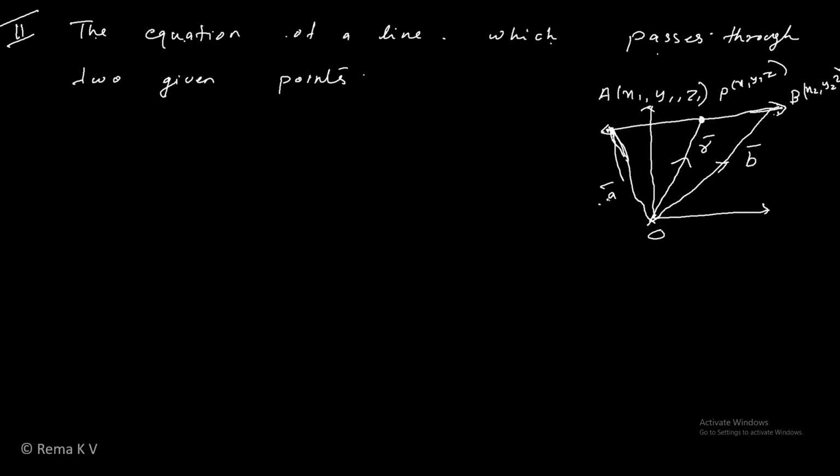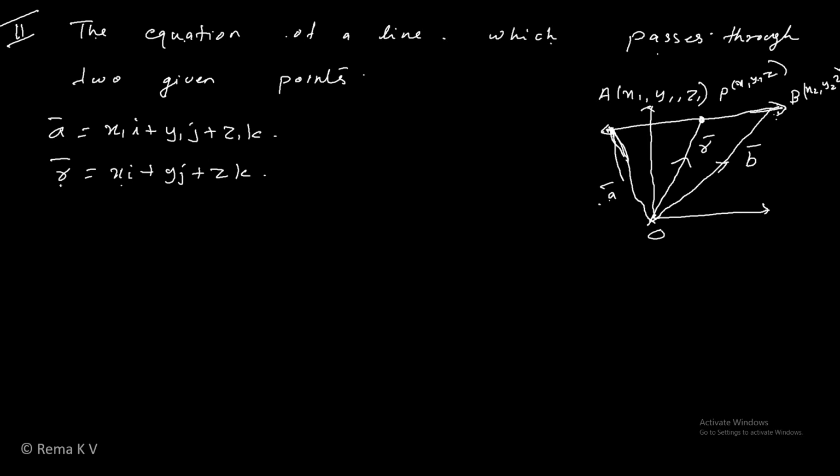In component form we can write vector A as x1 i plus y1 j plus z1 k. Then vector r equals x i plus y j plus z k. This P is any arbitrary point on this line and we consider its coordinates as x, y, z.